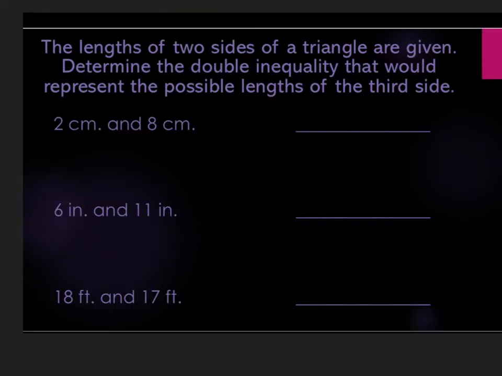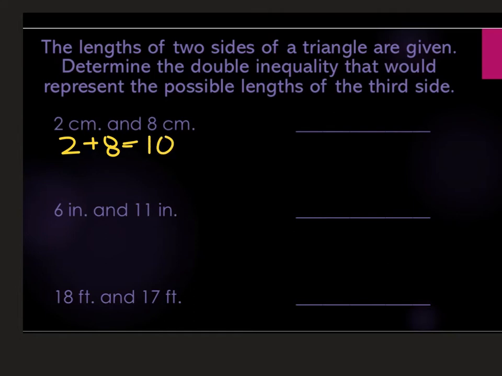All right, same kind of concept. They give us two side lengths of a triangle, like 2 and 8 on this first one, and we have to determine the double inequality that would represent the possible lengths of the third side. So remember, we take our two sides, 2 and 8, and we add them together. 2 plus 8 is 10, okay?